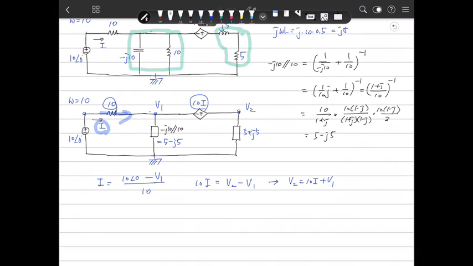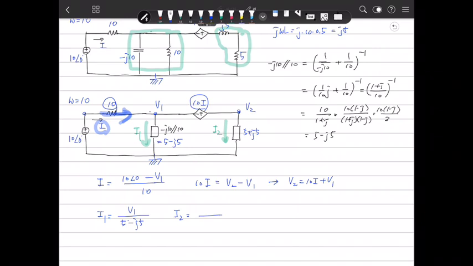Then I know that you can use a node equation. This current I is the sum of this current and this current. And we define this as I1, this as I2. Then I1 is V1 divided by 5 minus j5.